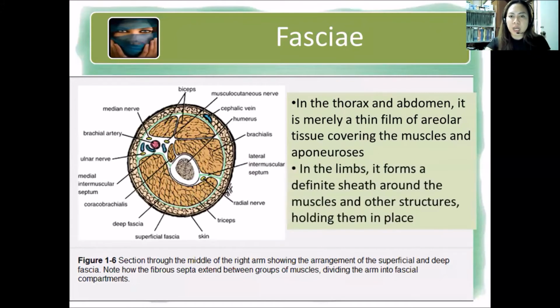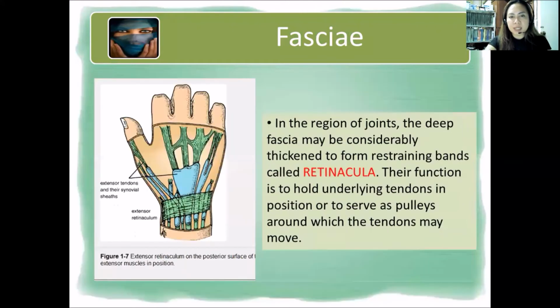Nakikita naman ito sila. In the limbs, it forms a definite sheet, parang para siyang plastic na nakabalot, no? It forms a definite sheet around the muscles and other structures, holding them in place. Sa kamay naman, in the region of the joint, the deep fascia may be considerably thickened, makapal siya, to form restraining bands like this one.